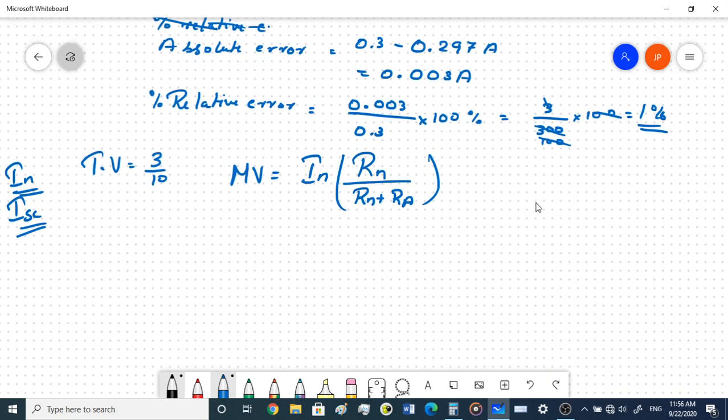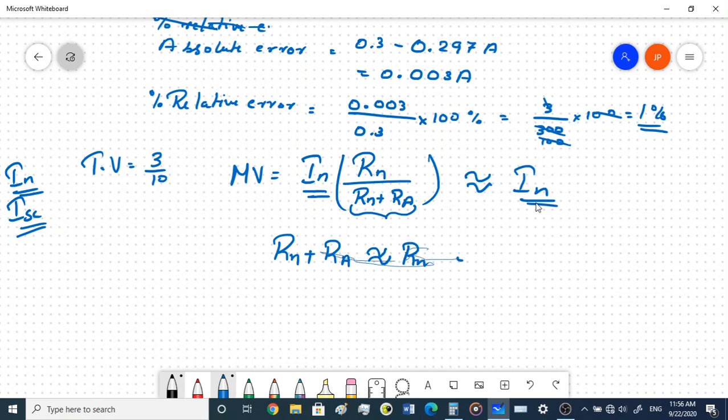So we want this approximately equal to IN itself, because that is the true value we have already seen from the circuit. So if we want this very much approximately equal to IN, we need to have this value Rn plus Ra approximately equal to Rn. Only then we'll have IN, the measured value, to be equal to the true value.